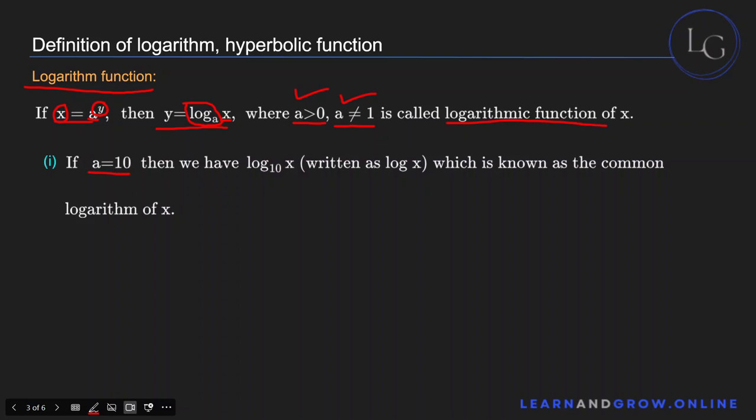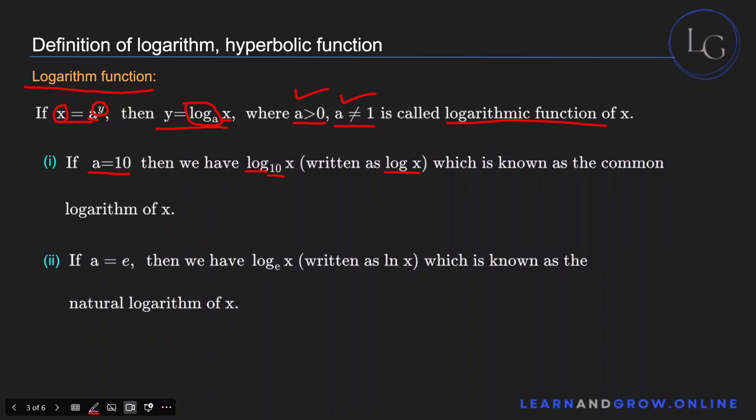If a is equal to 10, then we have a log with the base 10, and that can be written down as just log of x. Instead of writing log with the base 10 of x, write log x. That's the same thing. You have this in your calculator as well. It is known as the common logarithm of x. Now there's another one.